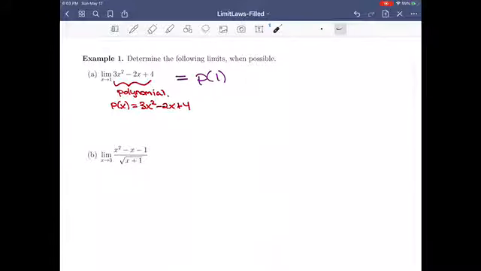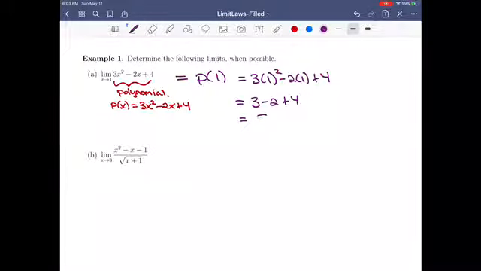So that's where x is approaching. So it's just p of 1. So that's going to be 3 times 1 squared minus 2 times 1 plus 4. So that's 3 minus 2 plus 4, which is going to be 5. So here we used the polynomial rule.